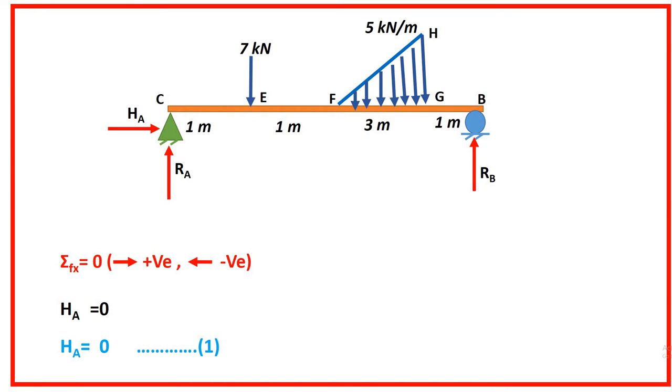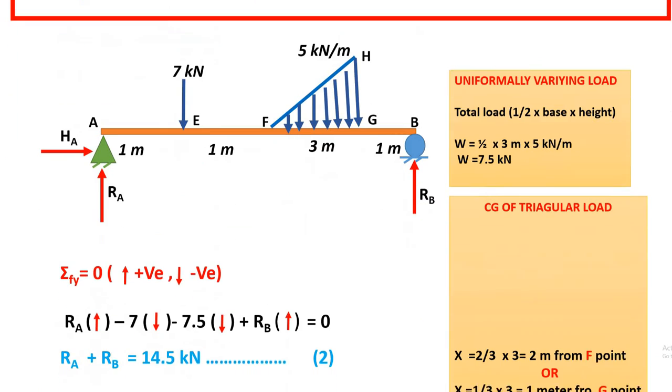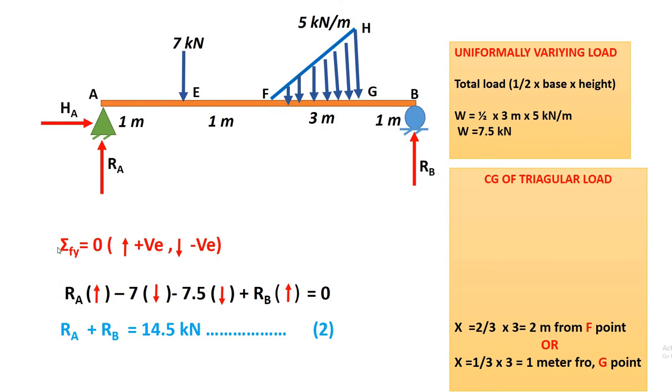So the horizontal reaction at A is equal to 0. Now our next equilibrium condition is that the algebraic sum of all forces in the y direction is equal to 0. Our assumed sign convention is upward positive and downward negative.